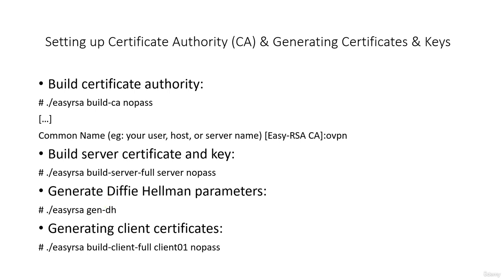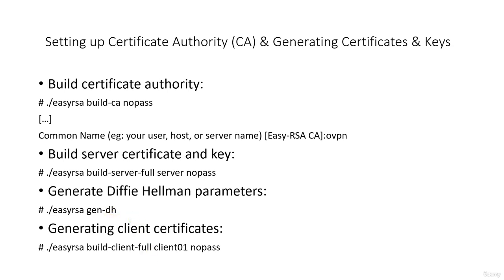And then at the end we need to generate our client certificate, which is this, and this will generate all the client certificates. Make sure you follow all of those in your command prompt. These are the commands that we need to use.